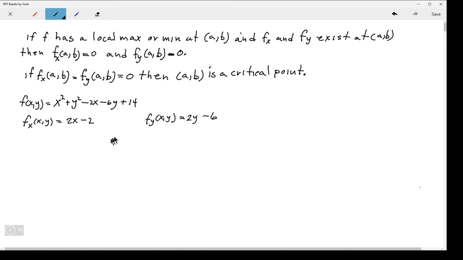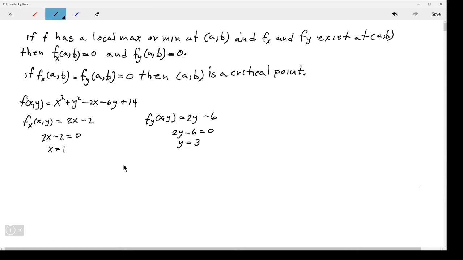Now again, if f has a local max or min, then those partials are going to be equal to 0. So let's see where they're equal to 0. So 2x minus 2 equals 0 means that x is 1. And 2y minus 6 equals 0 means that y is 3.